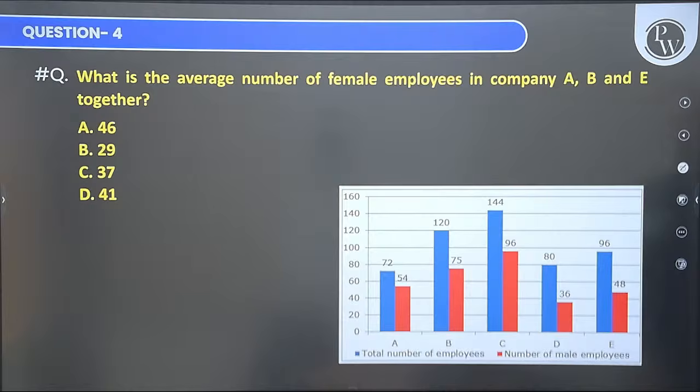What is the average number of female employees in company A, B, and E together? Careful with the calculations.